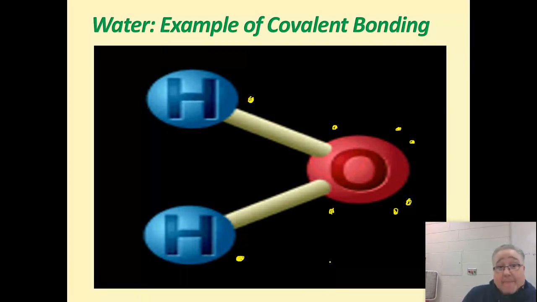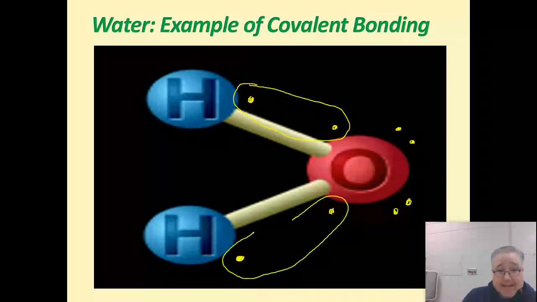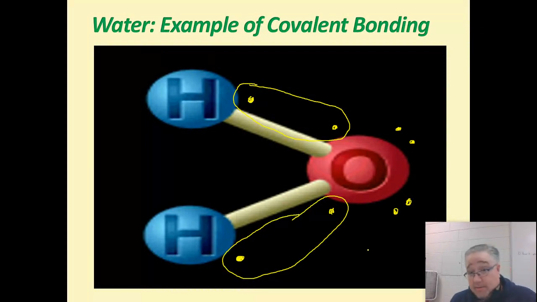So what ends up happening in a water molecule is these 2 electrons here end up getting shared. And the same thing down here. These 2 electrons end up getting shared.